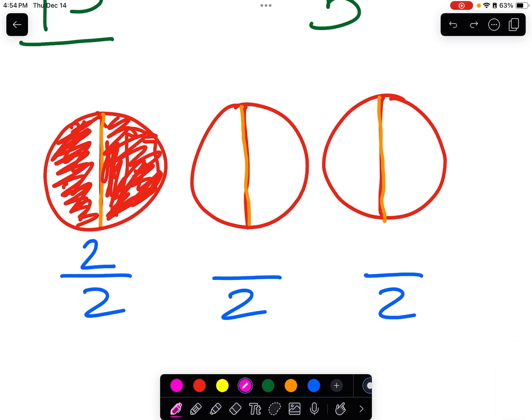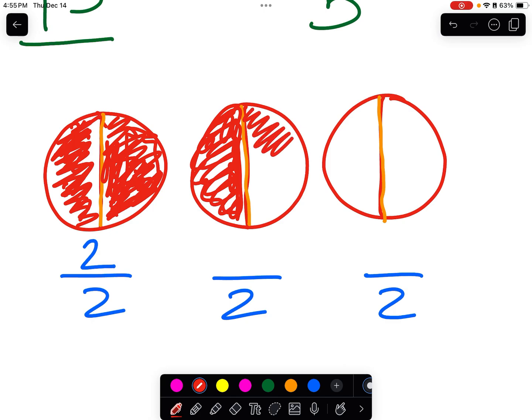So we've got 2 out of 2 halves here. Well, let's pretend I'm hungry again, and I just decide to have another half. Let me ask you something. How many pizzas have I had? I've had 2 halves, and then I've had another half. But let's pretend that I'm still hungry and I still eat another one.